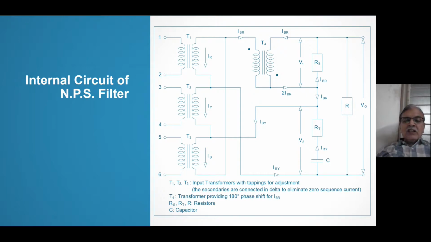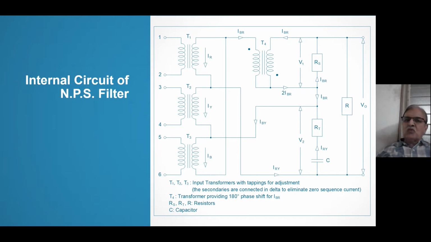So from that relay comes 1, 2, 3, 4, 5, 6. You have seen this in the earlier slide. Then we feed this to the internal transformers inbuilt in the relay, T1, T2, T3, and T4. 4 transformers are there. T1, T2, T3 are doing nothing.